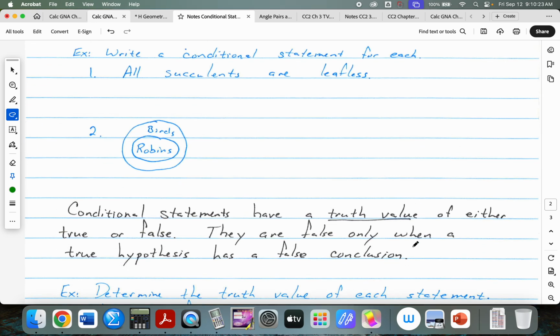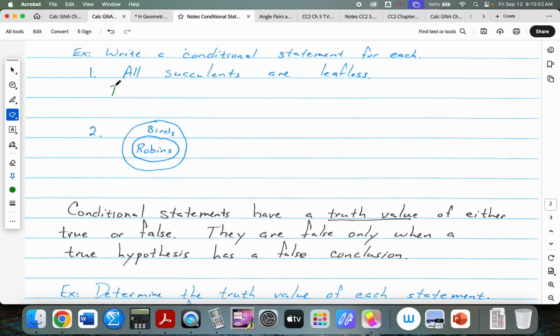All right. So here, we want to write a conditional statement for each. Occasionally I have students complain that they don't know what some of the words are. It doesn't matter what the words are. Like on this one, people are like, what's a succulent? I don't know what that is. You don't need to know what it is. It says all of these are these.